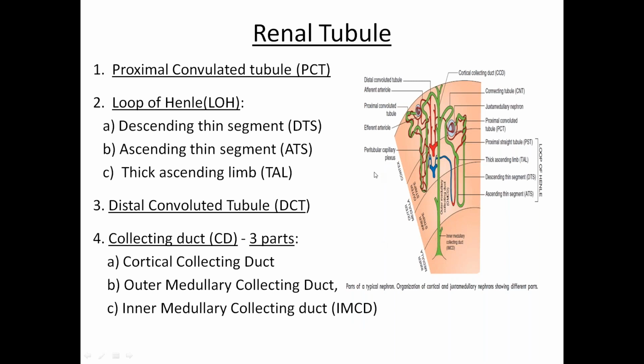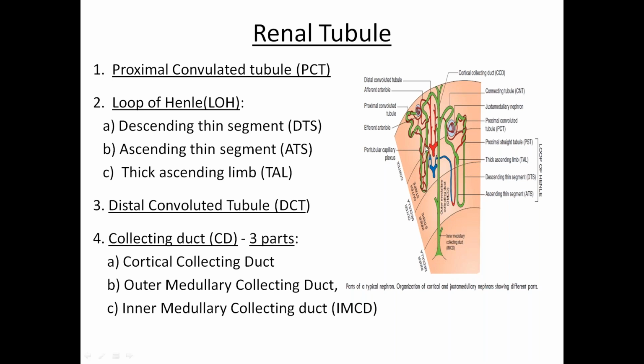Then we have the DCT. The DCT begins a short distance beyond the macula densa cells. This is your DCT, and it extends to a point in the cortex where connecting tubules of two or more nephrons join to form a cortical collecting duct.